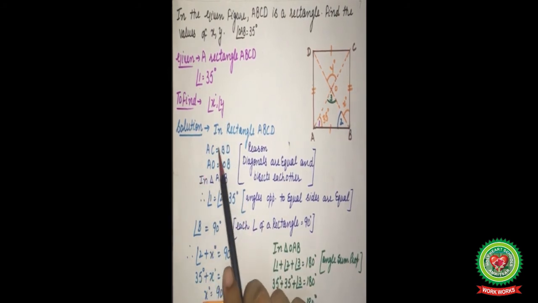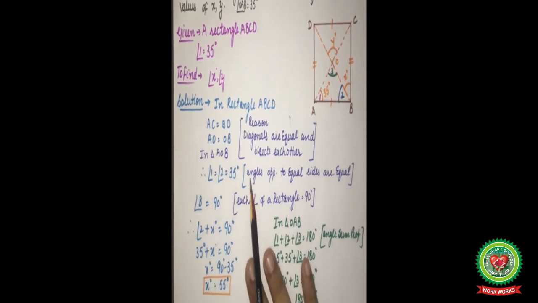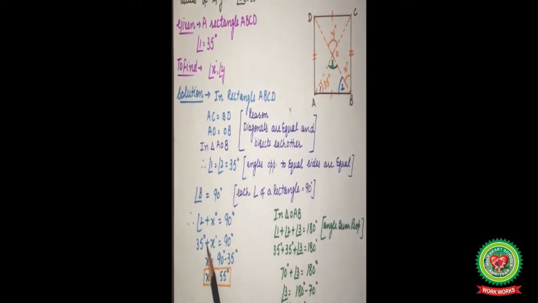Now solution, in a rectangle ABCD, we know that the diagonals of a rectangle are equal and they bisect each other. So therefore AC is equal to BD and AO will be equal to OB. Now in a triangle AOB, angle 1 will be equal to angle 2 will be equal to 35 degrees, because we know that angles opposite to equal sides are equal.